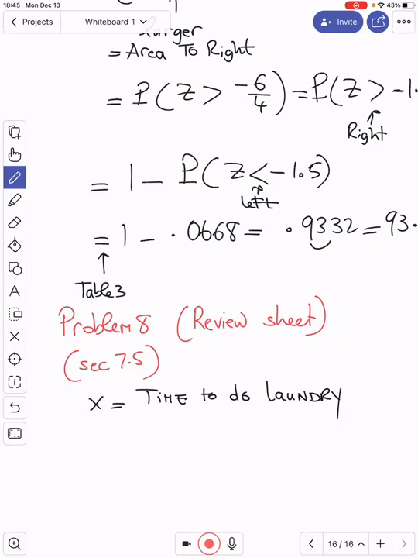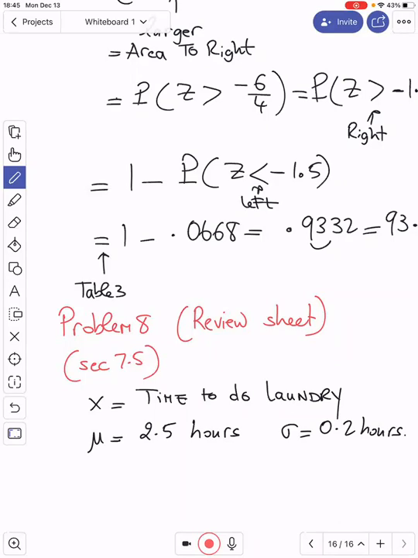And so x has a normal distribution, and the mean is 2.5 hours, and sigma, the standard deviation, is 0.2 hours. It says it takes no more than 2.2 hours to do the laundry.